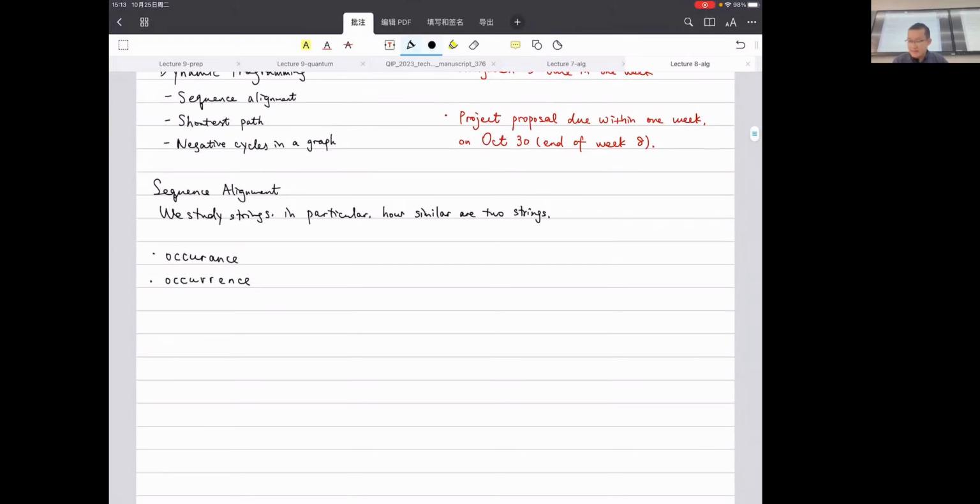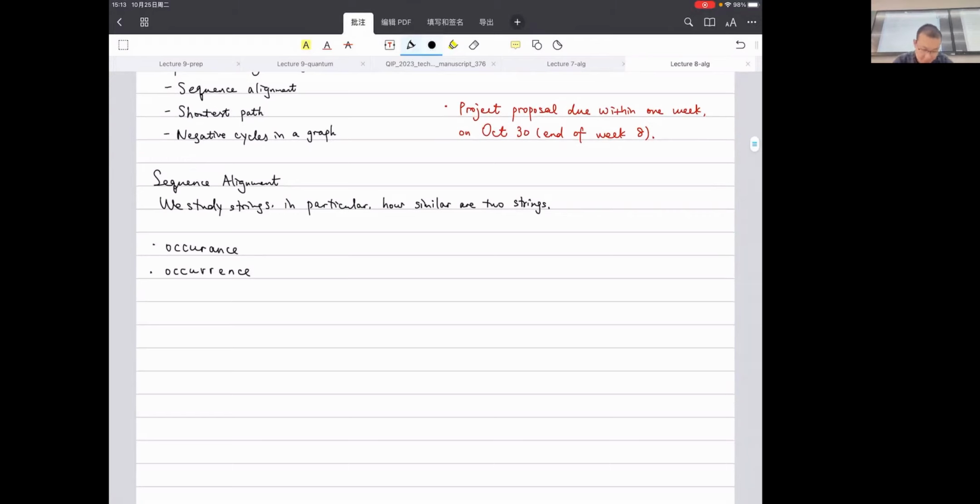For instance, maybe we can align like this. We just first write them down: occurrence, and the misspelled occurrence.